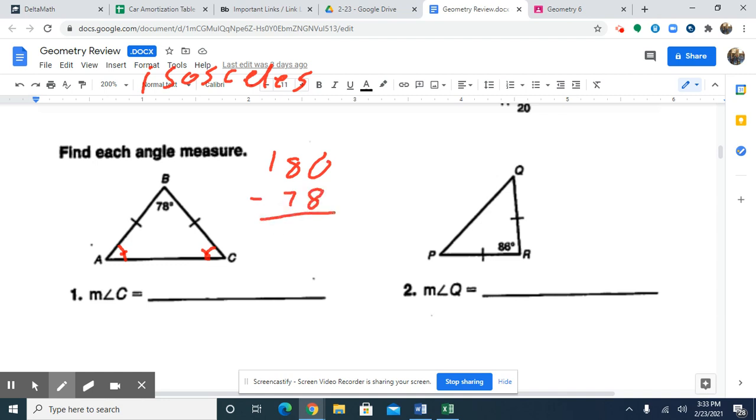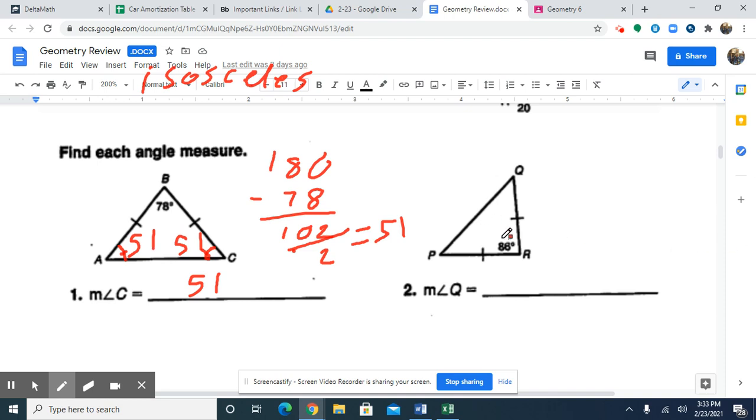So if we subtract 78, we're left with 102 degrees. Both of these are equal, so if we divide this by 2, we have 2 equal angles of 51. So angle C would be 51, just like angle A would also be 51.